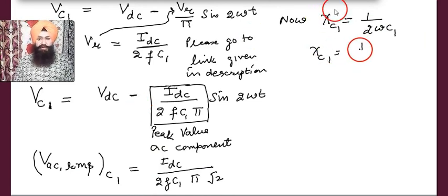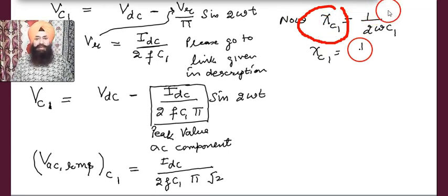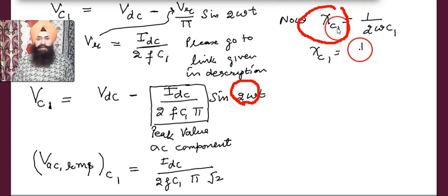And you know the reactance XC1. Reactance is otherwise 1 over C omega. But the frequency here is 2 omega. So that's why XC1, the reactance of the capacitor, is 1 over 2 omega C1.